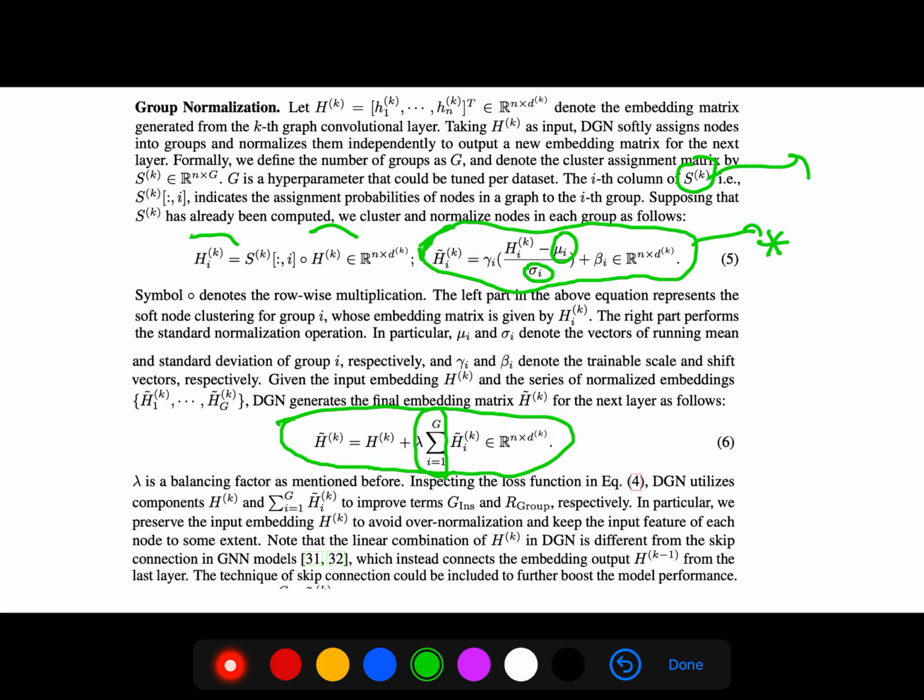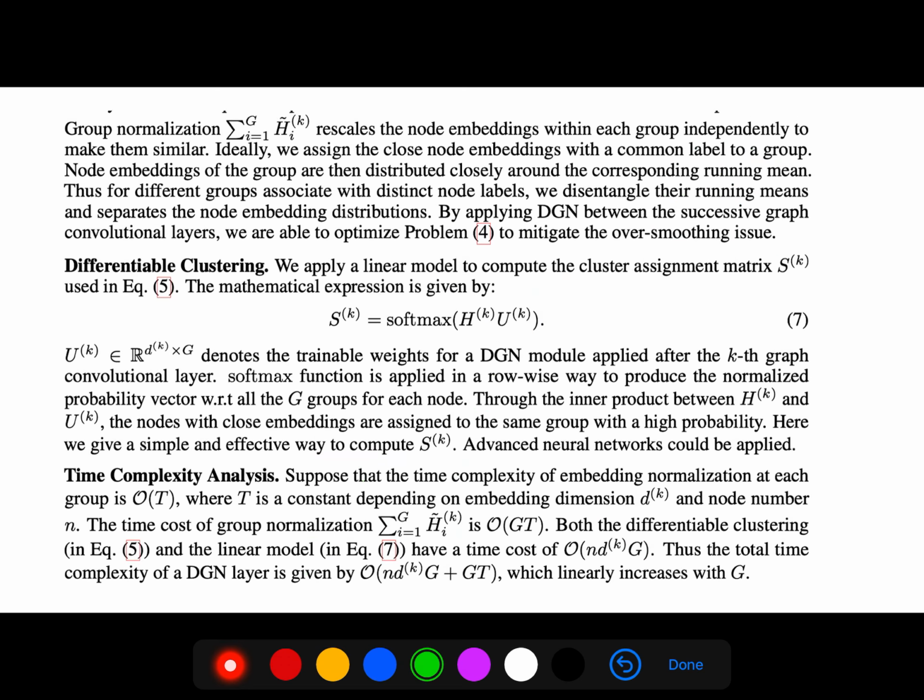Summation is over the group elements. The group normalization rescales the node embedding within each group independently to make them similar. And this is differentiable clustering. We apply a linear model to compute the cluster assignment matrix S using this softmax of H times U.